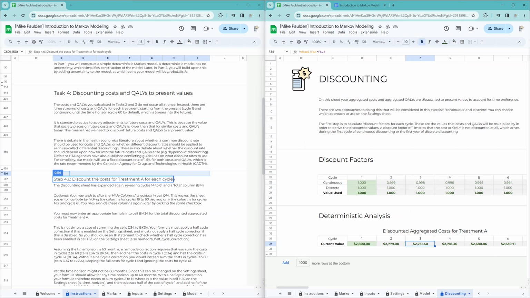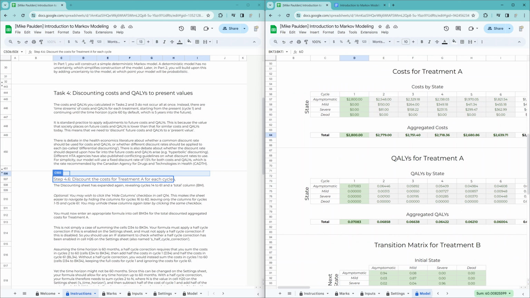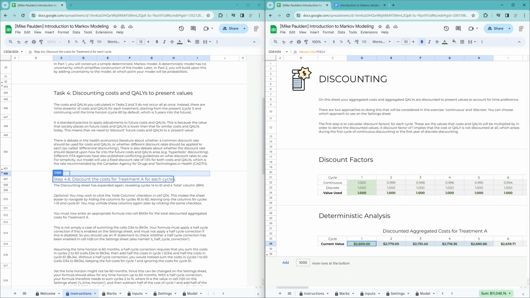So it's really important that we don't put in the dollar symbols before the F. And also on the model sheet, it's pulling in F64. And if we go back, F64 was this one here. So the aggregated total cost for cycle 3. And so this is pulling in the correct costs from the model sheet, and applying the correct discount factors.